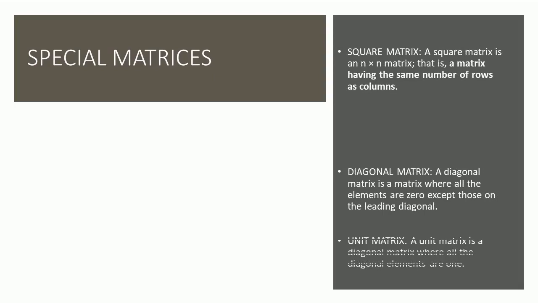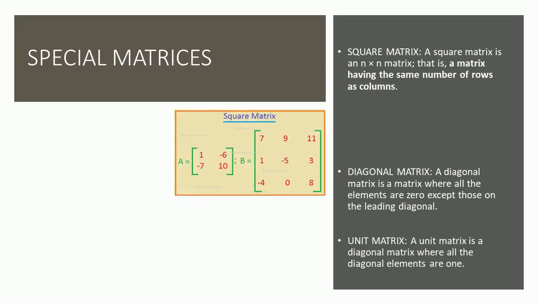And that drives us to a very interesting part of matrices, the special matrices. What are the special matrices? The special matrices are matrices that have special names due to special characteristics that they show.